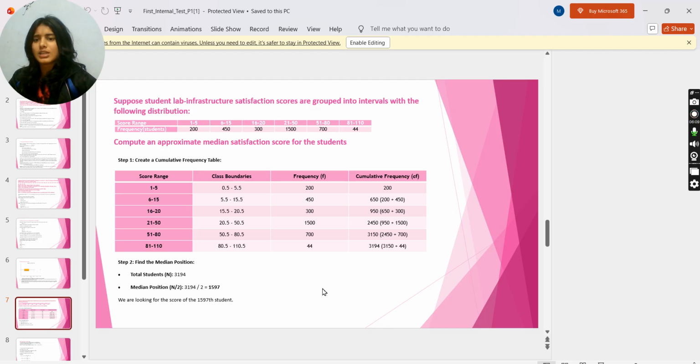We have to create a cumulative frequency table with the score range, class boundaries in decimals, frequencies, and cumulative frequencies. Step 2 is to find the median position. Total students n is equal to 3194 and the median position n by 2 is equal to 1597. We are looking for the score of the 1597th student.